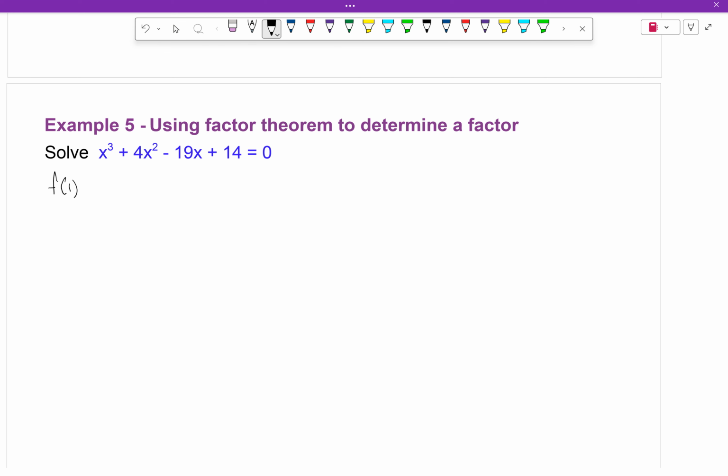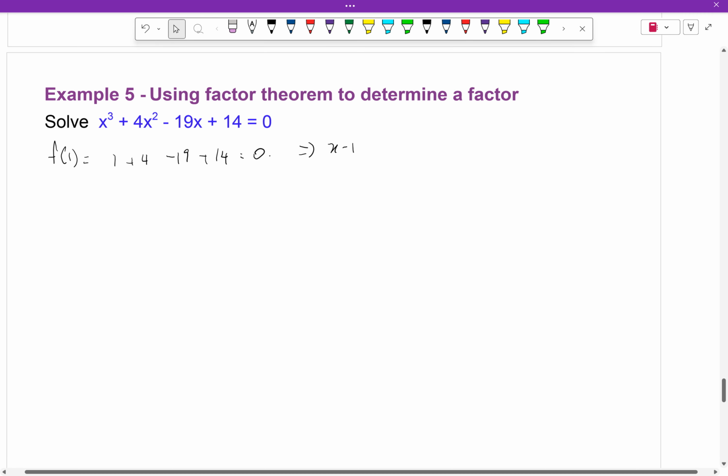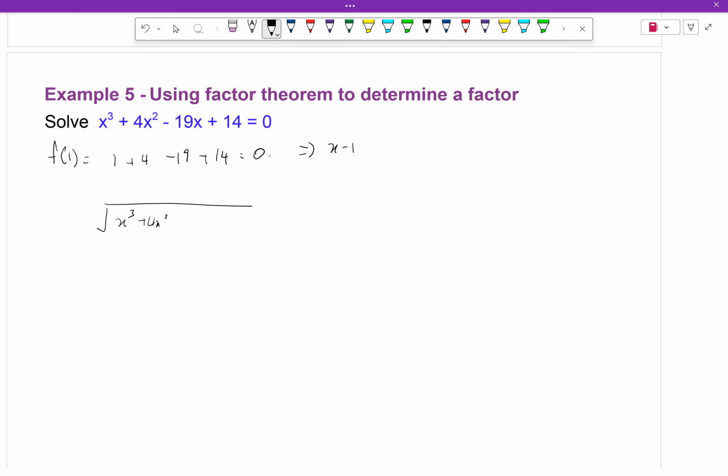With the factor theorem it is always trial and error. So let's test f of 1. So 1 is 4, 6, 19, 14, that equals to 0. So one of the factors is x plus 1. So here I'll stop, I won't do trial and error anymore, because you never know if it's a fraction.